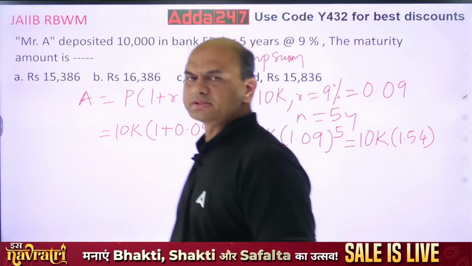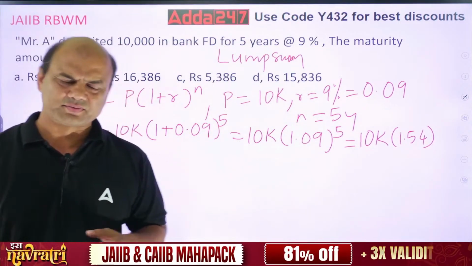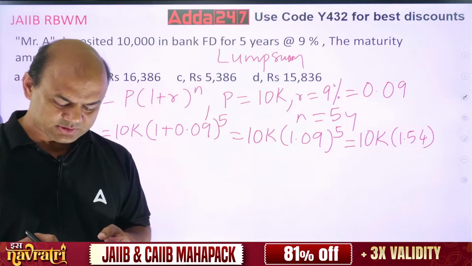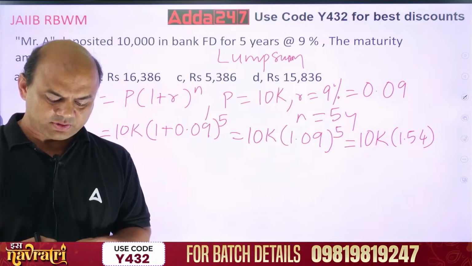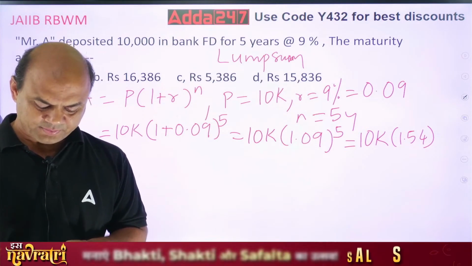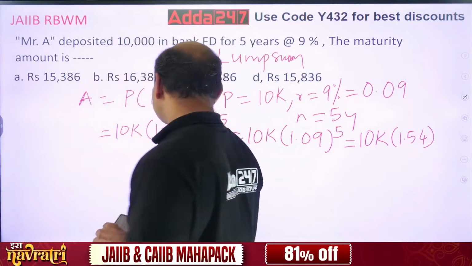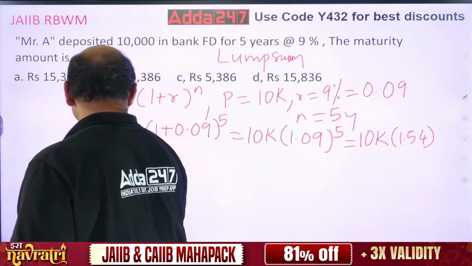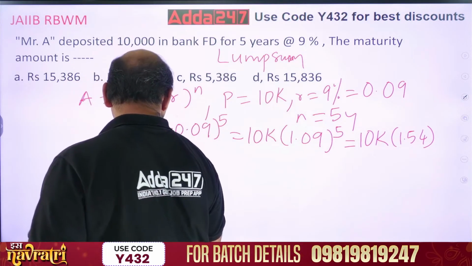Are you getting this answer, everyone? 1.54 or 538, anything, multiplied by 10,000. 10,000 means 4 zeros, so you will get 15,386.